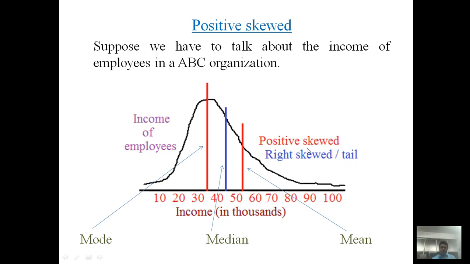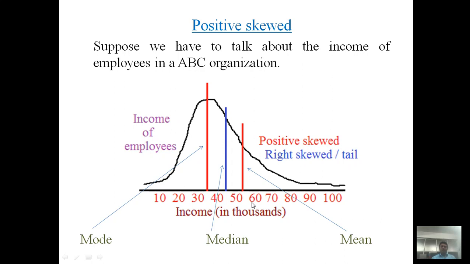This type of curve is known as positive skew, sometimes also known as positive skewness. If we observe this graph carefully, there is a tail on the right hand side of this distribution. These are very short, just like a tail. That's why it is also known as right skew, right tail.